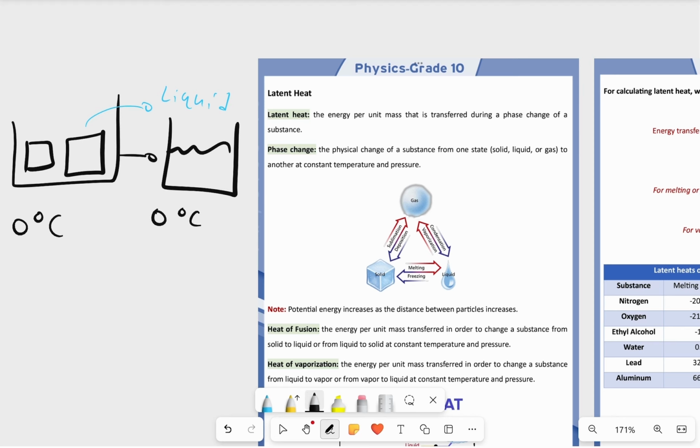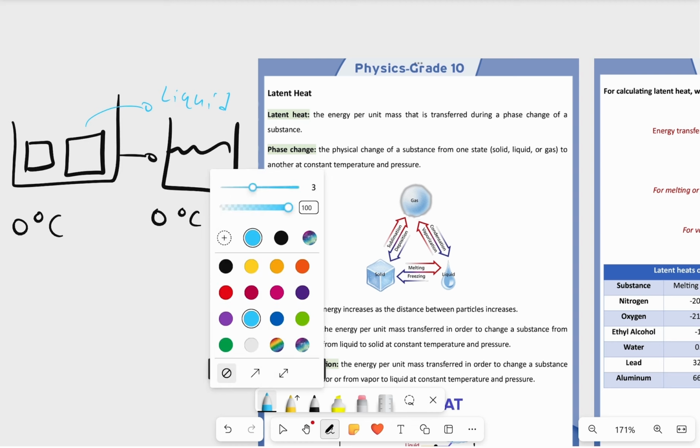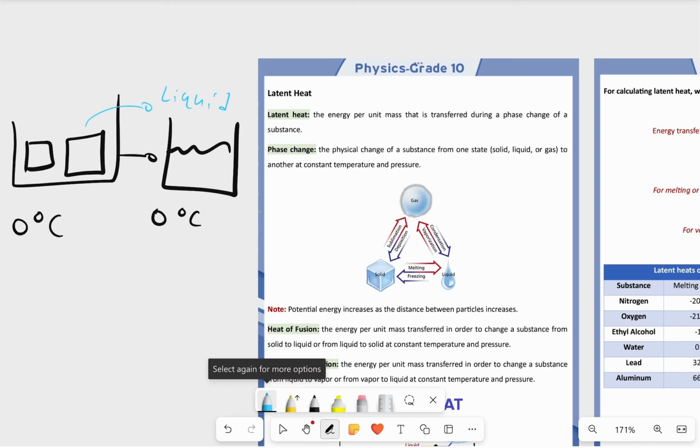This is called what? Not to confuse it, we are not saying that if you continue heating up this liquid, it is going to still be 0 Celsius. No, we are talking about the phase change. When this ice is going to change its phase, it is going to have the same temperature as the liquid, okay? But when you see that the ice is melting down, the temperature is still 0 Celsius.